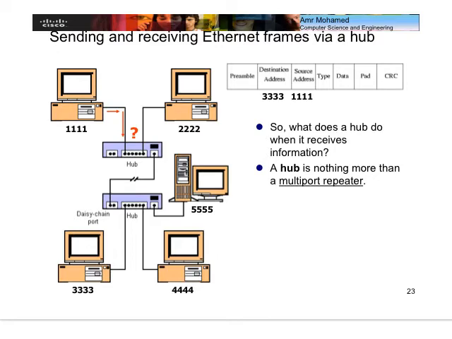Which creates this logical topology of shared medium, as we talked about before, which necessitates the fact that we have to use a destination address. So if this node wants to send to this node, for example, this node has to put the destination address, so that the signal will be replicated on all the ports.